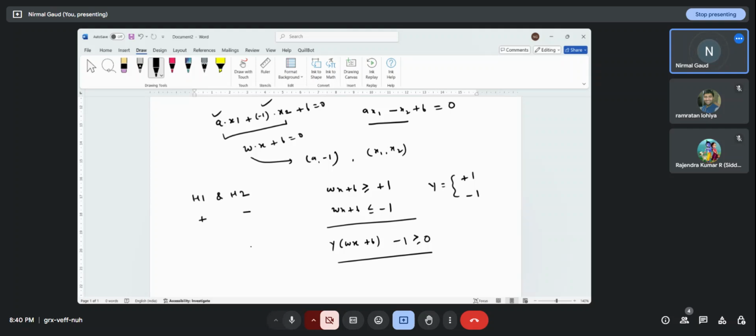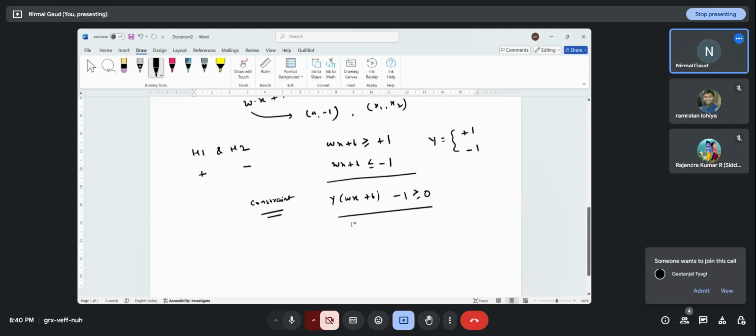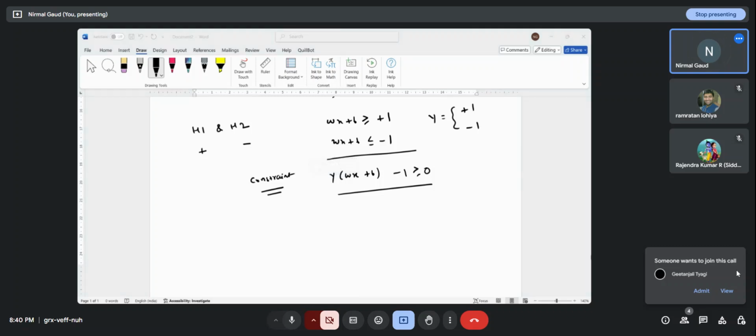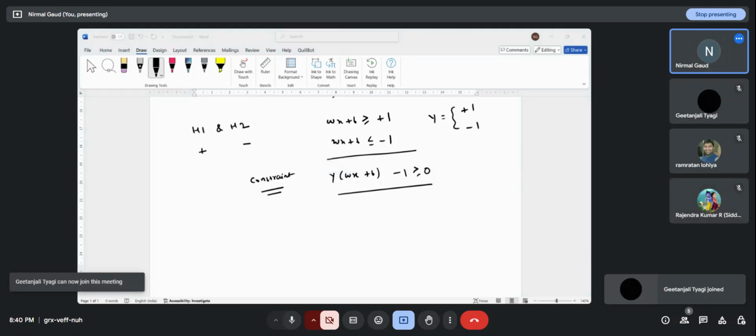Why constraint? Because obviously you have an inequality, no? That is why it is a constraint. Okay, got it. So later on we got this constraint equation.